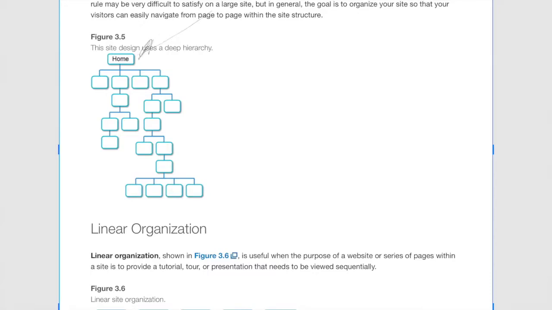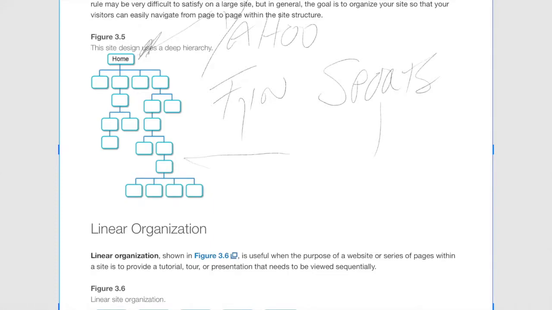So up here, we would have Yahoo. And under that, we would have finance and sports, etc., right? And under that, we are going to have new portions to our hierarchy. And over time, however, these hierarchy charts get very, very deep. Say you are looking for an old page on a previous Super Bowl.